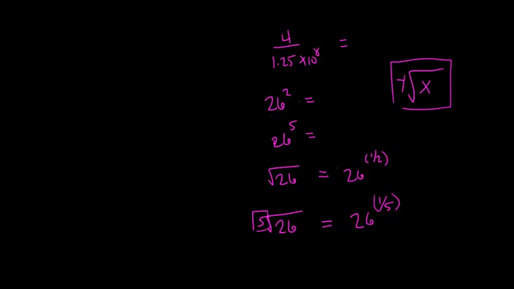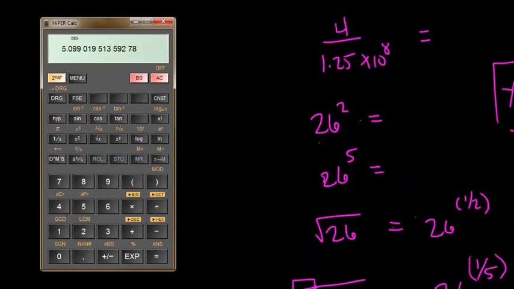So the square root is the 1/2 power, the cube root will be the 1/3 power, the fifth root is the 1/5 power. So we can use our calculator to figure out the fifth root of 26. So we want to do 26, and I'm going to use this x to the y button, so x to the y power. So you see that pops up here. Okay, so my y value, I want to use my parentheses, 1 divided by 5, close my parentheses, so 1 divided by 5 is 0.2, and now I click equals, so the fifth root of 26 is 1.92.